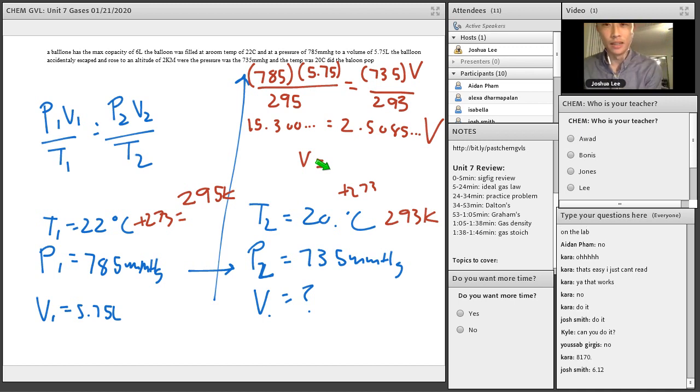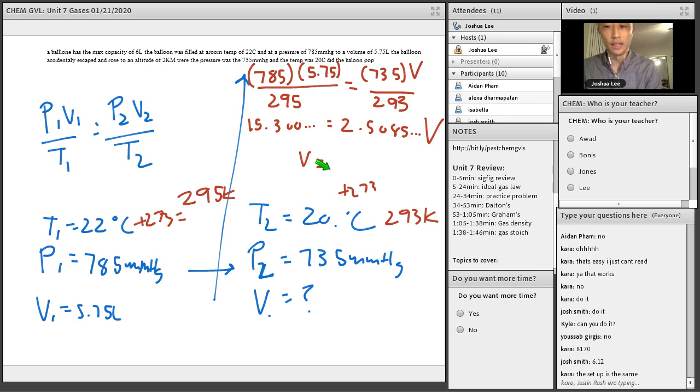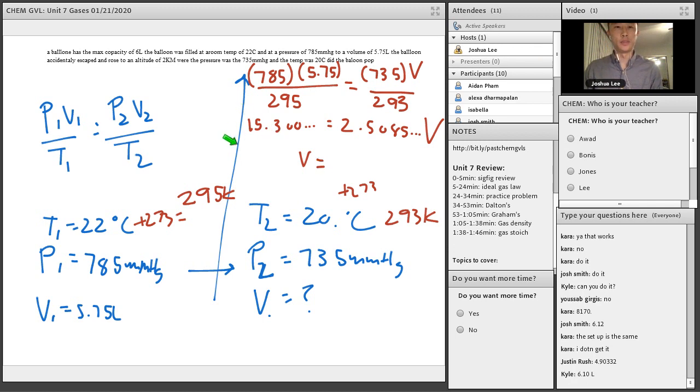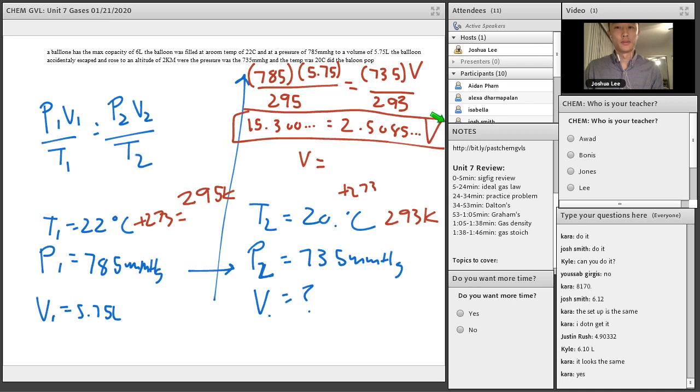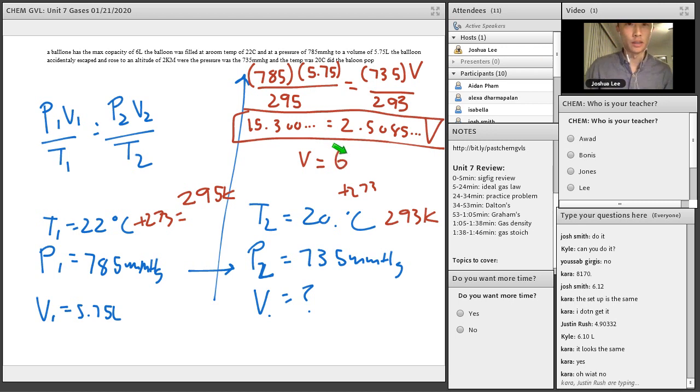That's not right either. How'd you get 8,170? Setup is the same. Did you end up getting these numbers? And then did you divide both sides by 2.5? Because I got what Kyle got, 6.10 liters. So what happened?